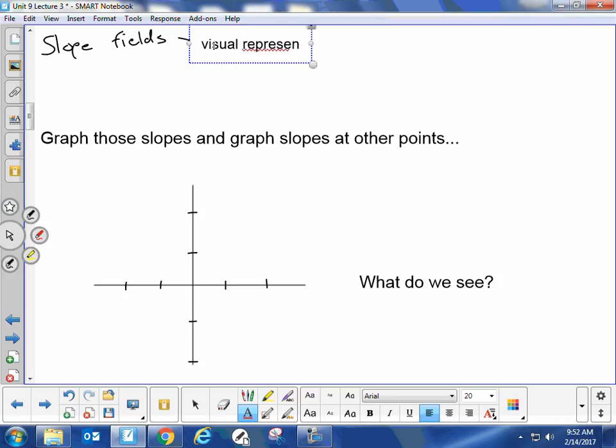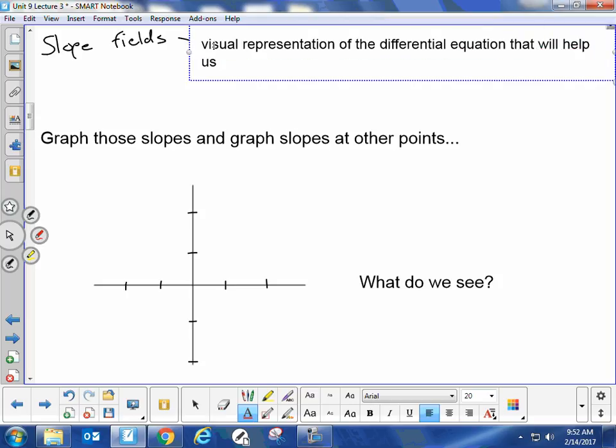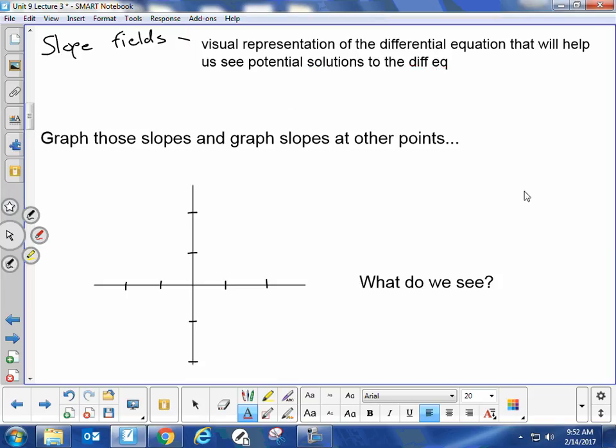A visual representation of the differential equation that will help us see potential solutions to the differential equation. Okay? And we are going to create a slope field for that first differential equation that we looked at, negative x over y.